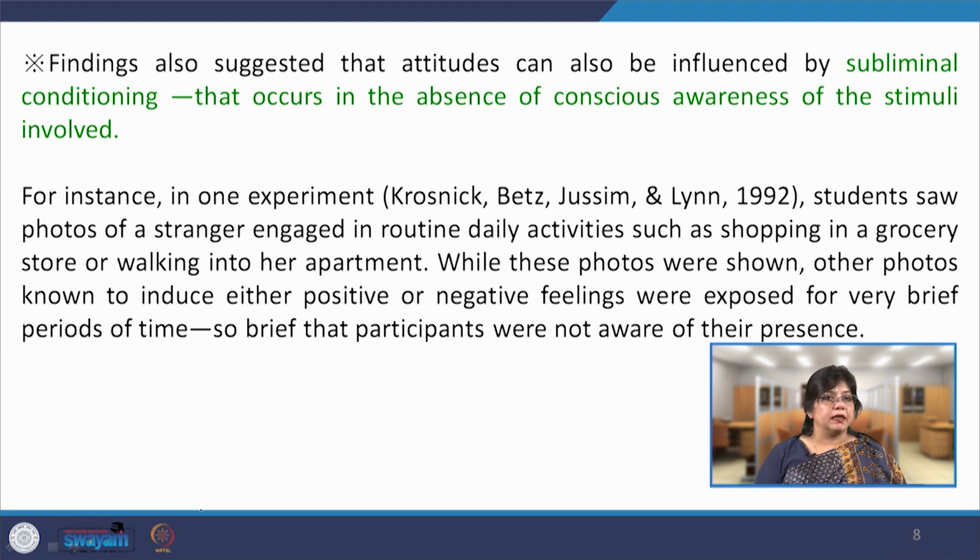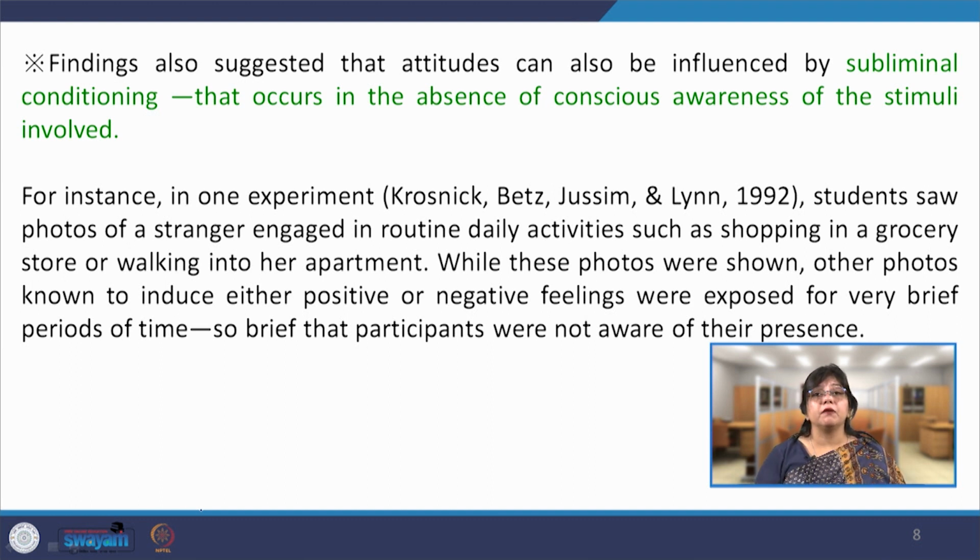At the same time, some other photos were also shown to the students in both groups, for such a brief moment that they would induce positive or negative feelings, but the participants would not even realize that there were positive or negative photos in the process.